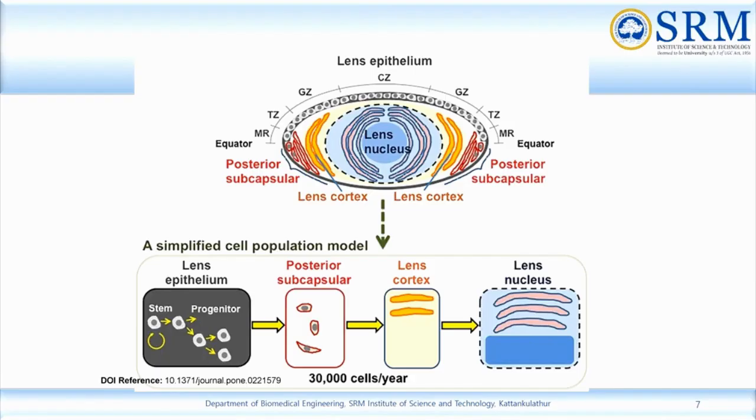Also, they do have certain specific proteins, the dense crystalline proteins. These are packed at very high concentrations, which will create a uniform refractive index within the cells. So the presence of crystalline proteins is another reason.